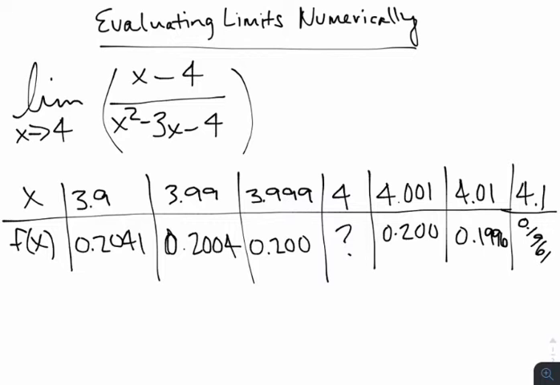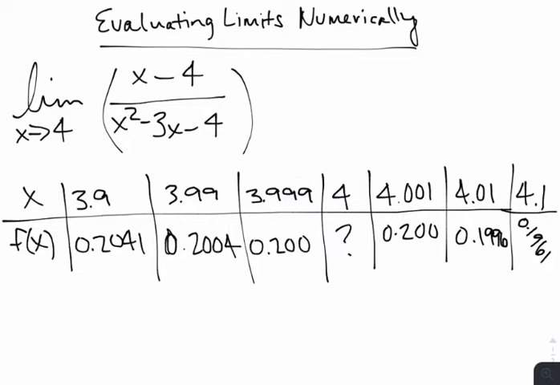So, as you can see, when it gets very, very close to 4, both the right side and the left side, you're able to see that right here at 3.999 and 4.001, it goes to 0.2.